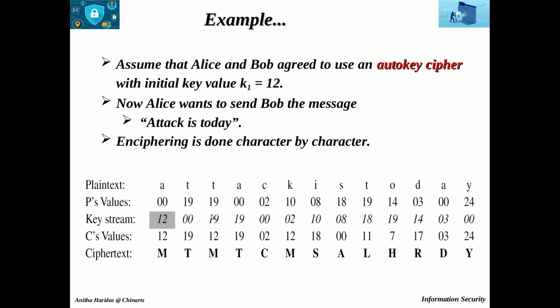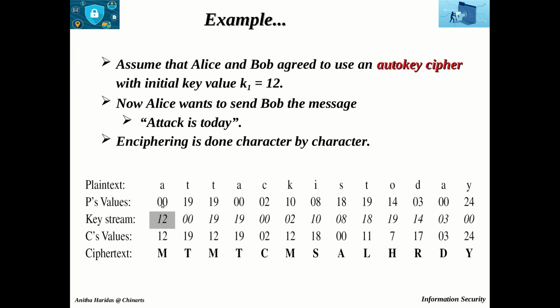P2 will be the third subkey, P3 will be the fourth subkey, P4 will be the fifth subkey, and so on. 10 will be the next subkey, 8 will be the next subkey, 18, 19, 14, 3, 0. So these are the stream of subkeys that we are going to use for the encryption process. And then it follows the additive cipher.